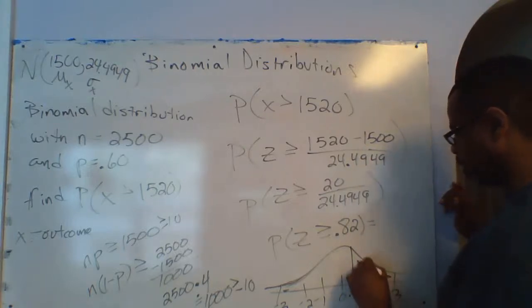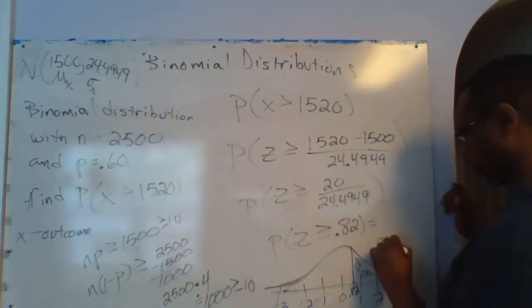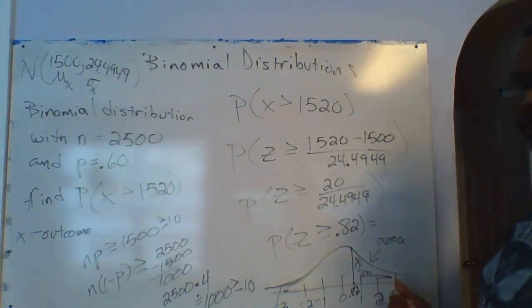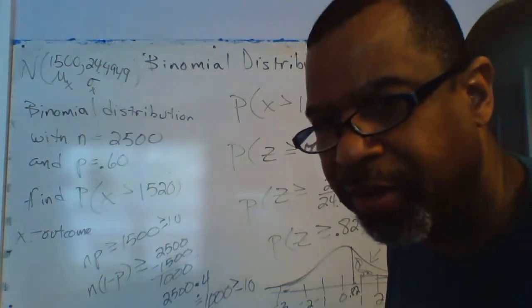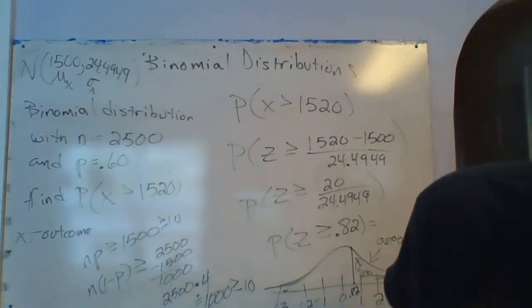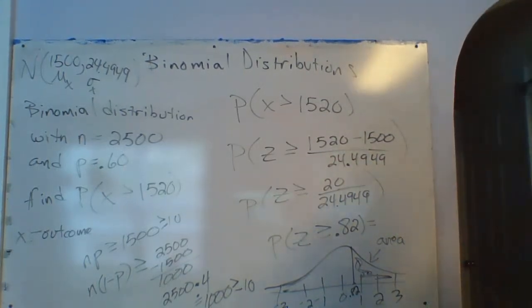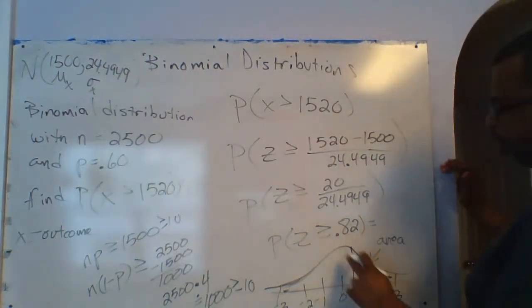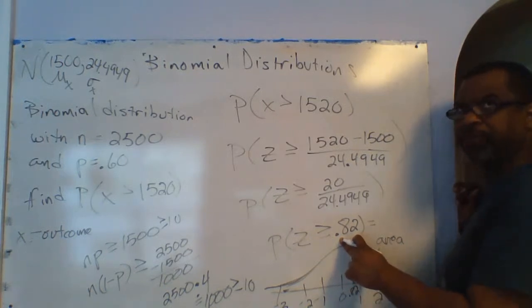And we're looking for this area right here. So if you think about it, does that look like 79%? Okay. All righty. Because remember, if it's greater than, then we look up the opposite sign.